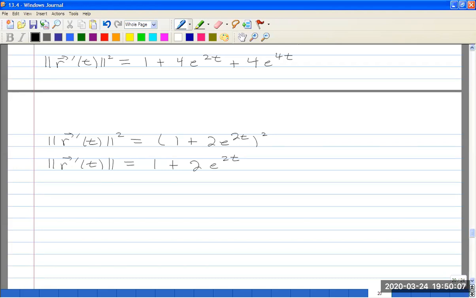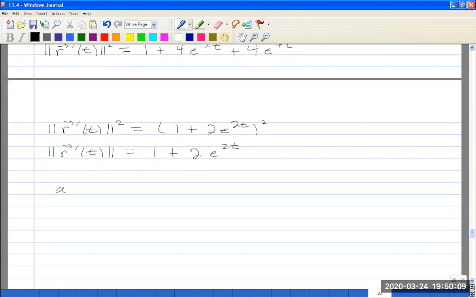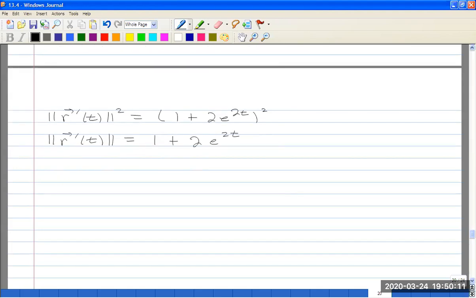Okay, so the tangential component is just equal to, well, actually, let's do this first. Let's look at r prime cross r double prime.